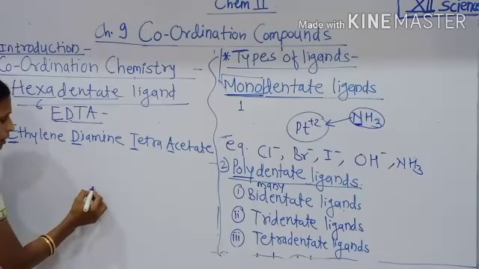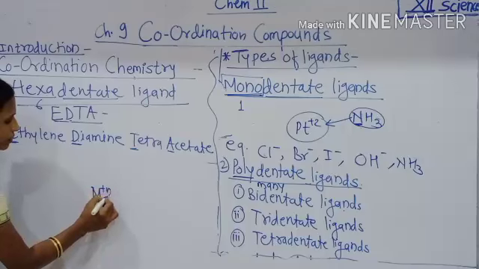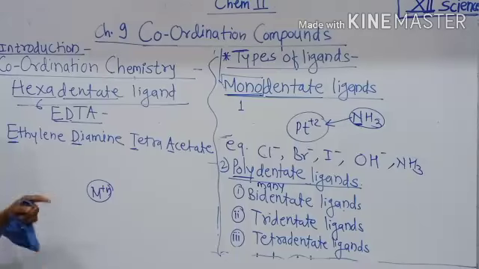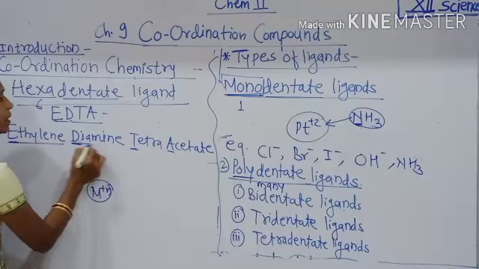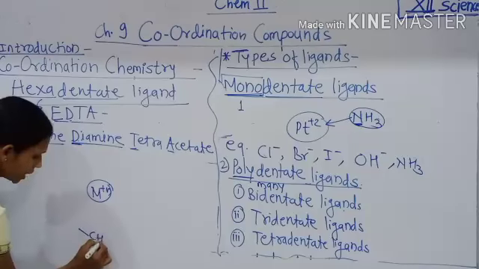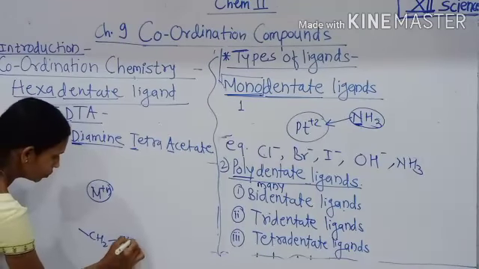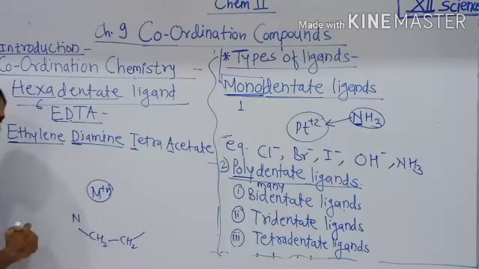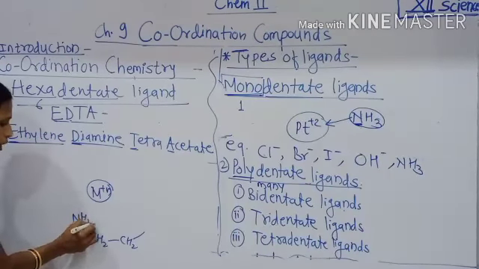Then see here, the central metal ion, which is surrounded by 6 points of attachment. First of all, see here, ethylene diamine, that is dash CH2 dash, that is the ethylene group. Diamine, that means nitrogen, in the form of NH2.